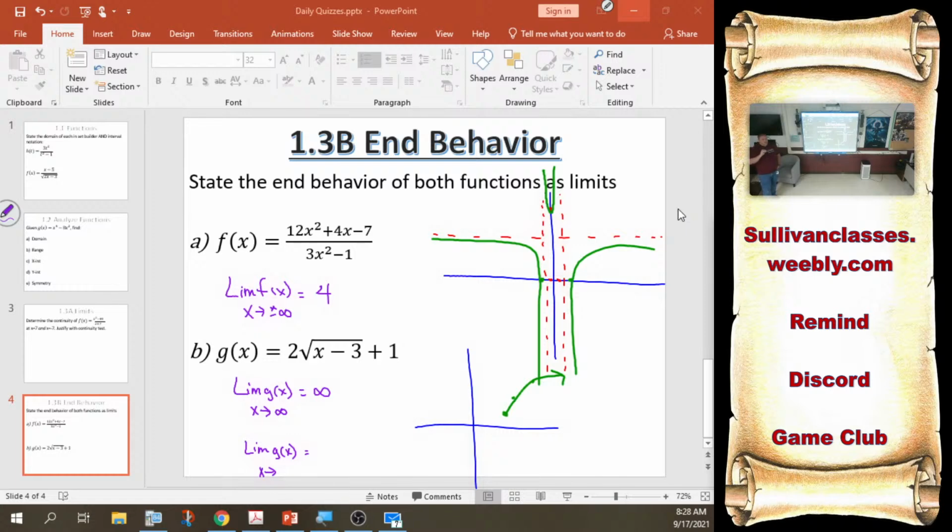There were two philosophies. I said that this book, unfortunately, would say as it approaches negative infinity, the limit does not exist. What we will do in here, because it's what I've always done and it aligns with what you will do in calculus with Mr. Spear, is the limit of g of x, as x approaches 3 from the right, is 1.